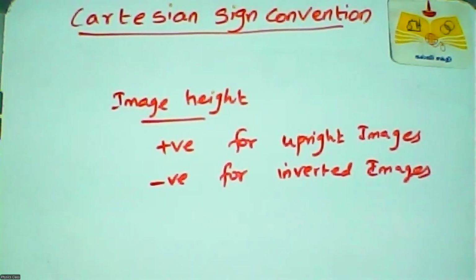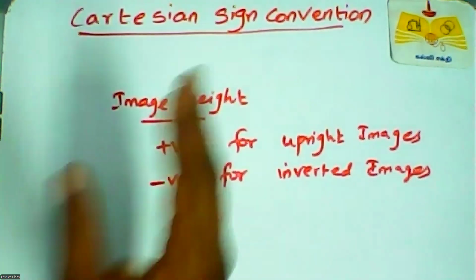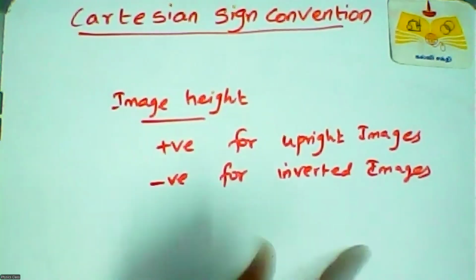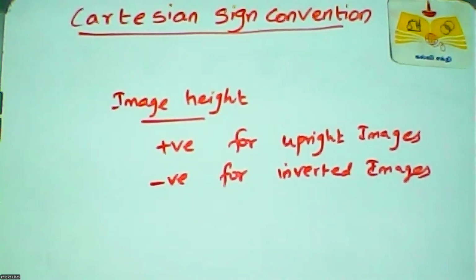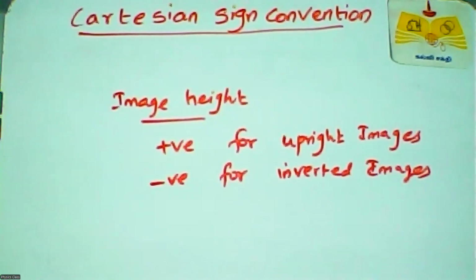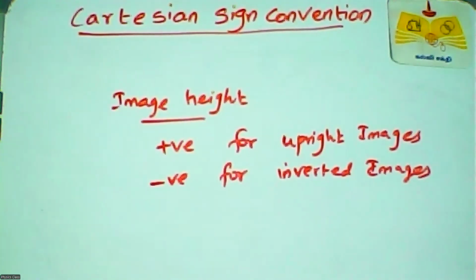So positive for an upright image; inverted, reciprocal to the object, means image height is negative. Because the object is above the principal axis, inverted means downward to the principal axis, so negative. For upright images, the image is also in front of the mirror in the upright direction, which is positive. So these are all the sign conventions.